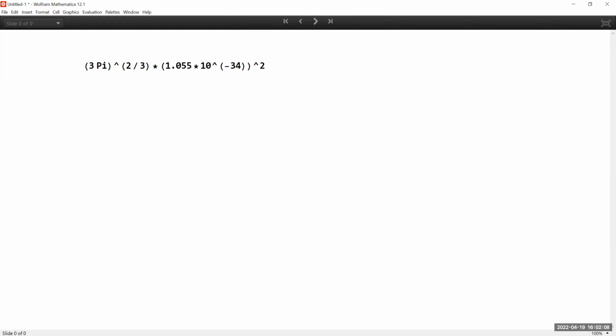Times the density 8.45 times 10 to the power 28, and the whole thing to the power 2/3. Divided by the denominator, which has a 2 in it, and the mass of the electron, 10 to the negative 31. Probably I should put it in parentheses.